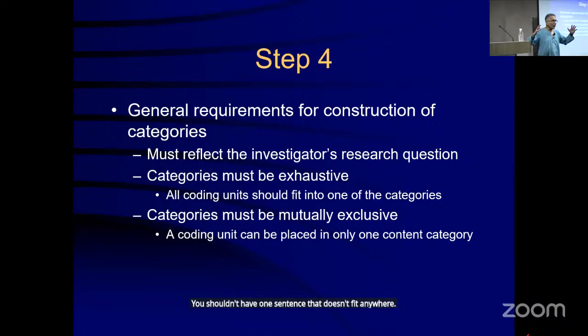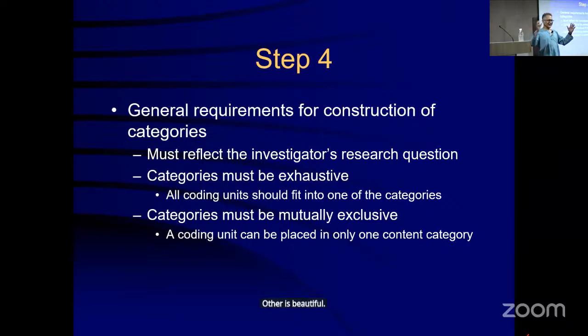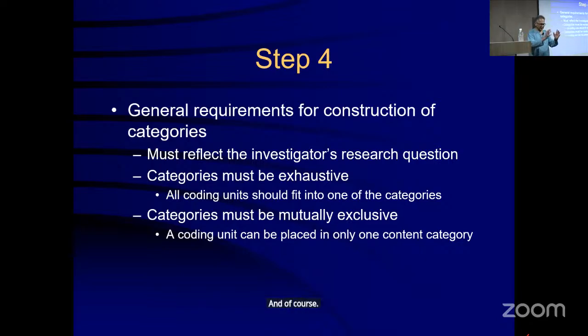That's why we have one basket called other. Other is beautiful. Anything has to go into one of the categories or not related. And of course, the categories themselves must be mutually exclusive. They shouldn't overlap.